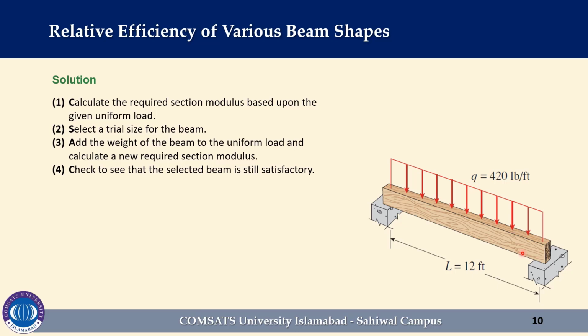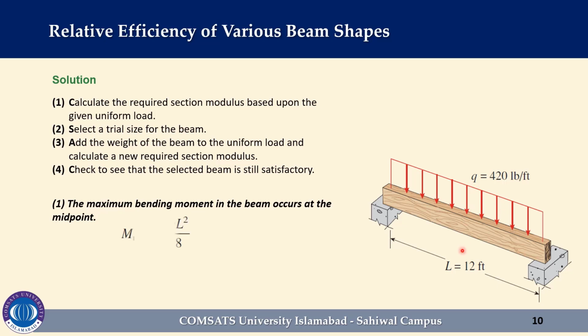In step 1, we have to find the maximum bending moment. The maximum bending moment in the beam occurs at the midpoint and we can calculate it by using the expression M max is equal to qL square over 8.